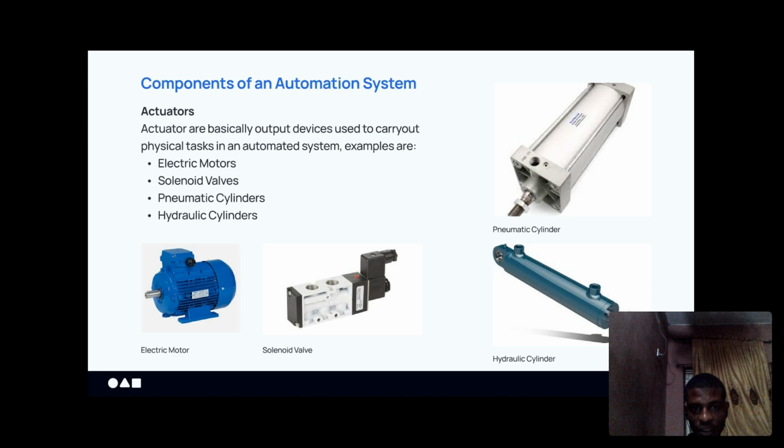Other components of the automation system are actuators. Actuators are output devices that carry out physical tasks like movement and rotation. The common types of actuators we have are electric motors. This one is a bit popular.